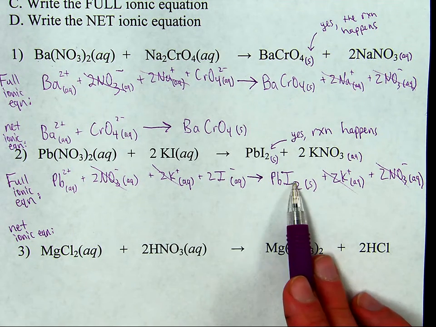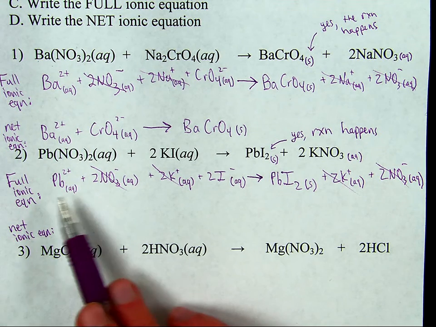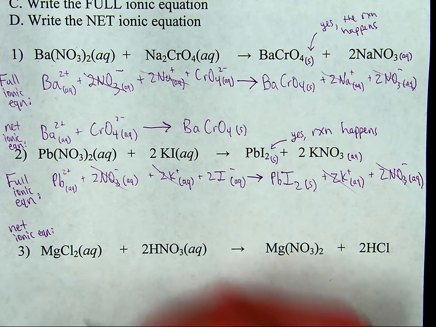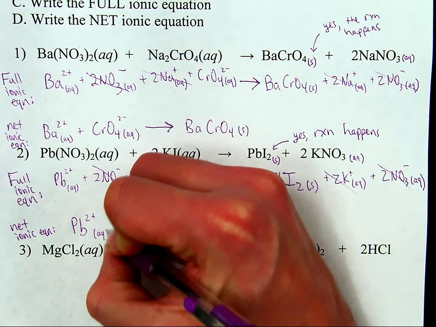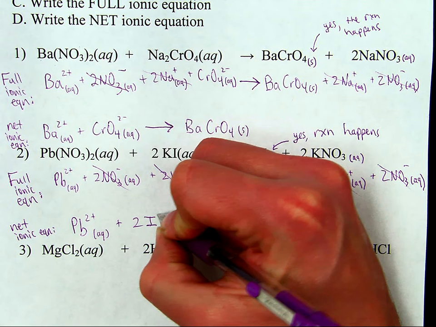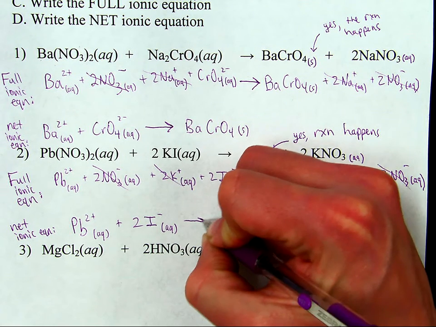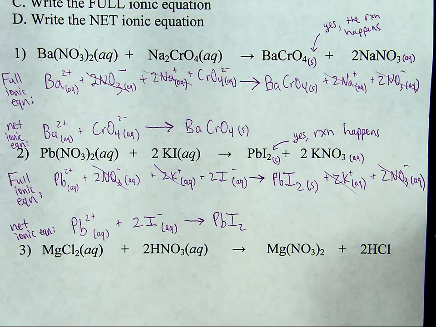This is different from this, so I don't cross them out. So, what's left behind? This plus this makes this. That's the net ionic equation. Lead, 2 plus, aqueous, plus 2 iodides, each with a minus charge, combine to make lead iodide, solid, which is to say a precipitate.